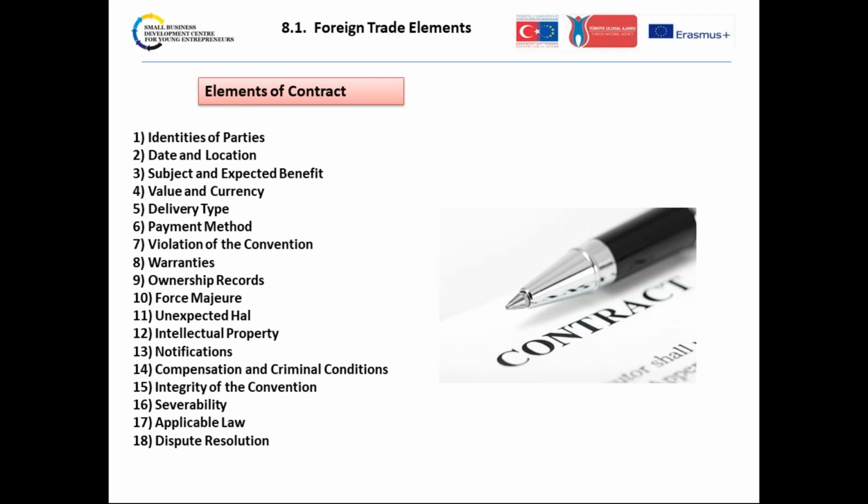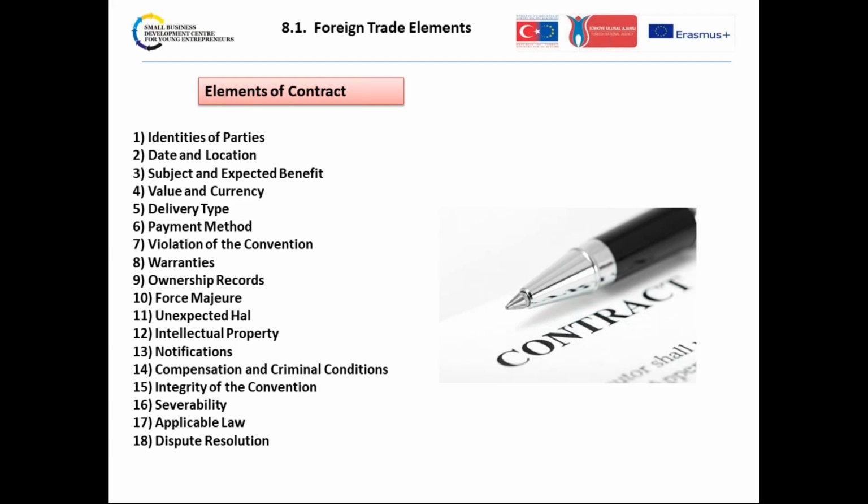So as you see, these are the elements of contracts. You need to be careful to prepare your contracts on these elements. You need to put all this information in your contracts while you are signing that kind of contract with your customers or with your suppliers. You should clearly indicate the identities of parties, date and location, subject and expected benefits, value and currency, delivery type, payment method, violation of the convention, warranties, ownership records, force majeure, unexpected holds, intellectual property, notifications, and it goes on like this.